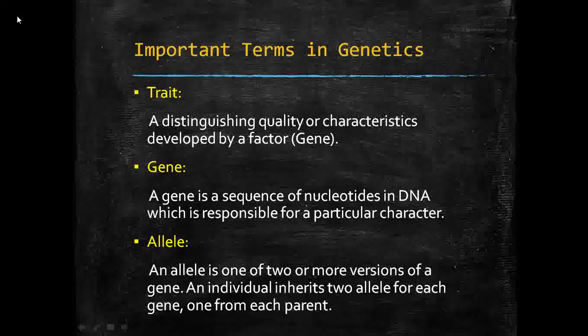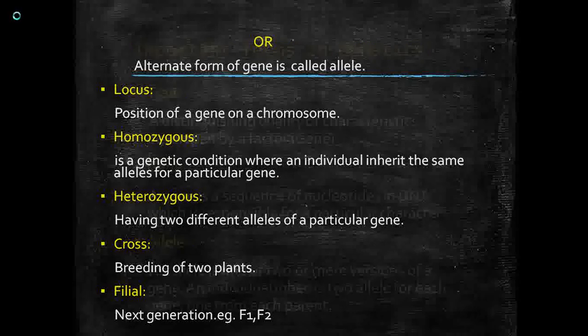They occupy identical loci, meaning positions, on homologous chromosomes, and these terms were coined by Bateson. One more definition of alleles: an alternative form of a gene is called an allele.